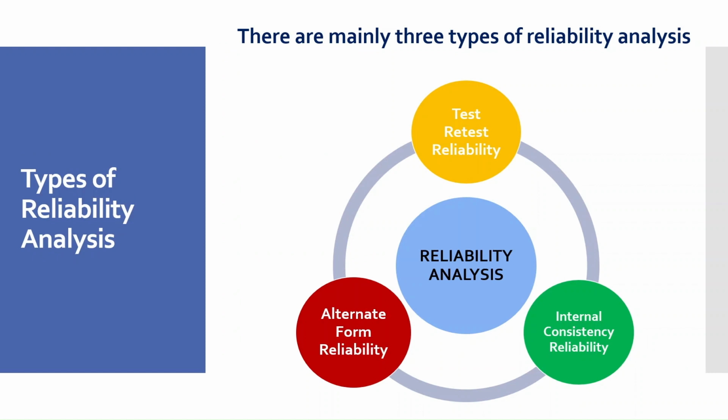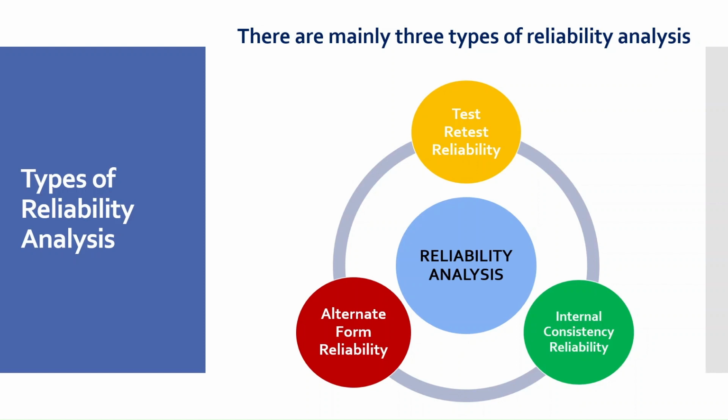There are mainly 3 types of reliability analysis: test-retest reliability, alternate form reliability, and internal consistency reliability. Test-retest reliability and alternate form reliability analysis are time-consuming as they require collecting data from the same respondents at different time intervals under the same conditions on the same questionnaire or an alternate questionnaire.